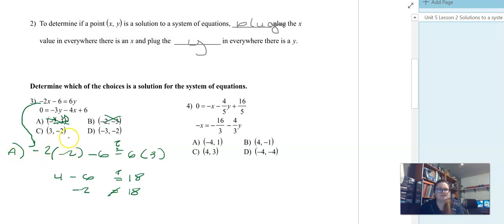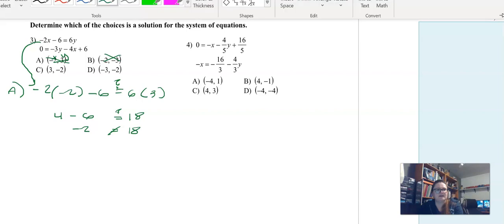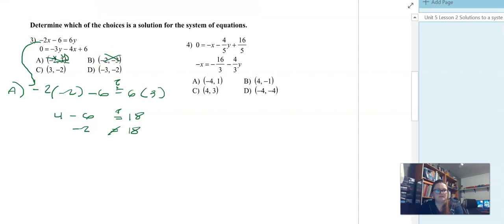Okay, so let's try C. When I plug C in, let's use a different color. C, same thing. I'm going to pull my original equation down. So I have -2, and then in parentheses, instead of x, I'm going to put 3, because 3 is x. And then I'm still putting -6.